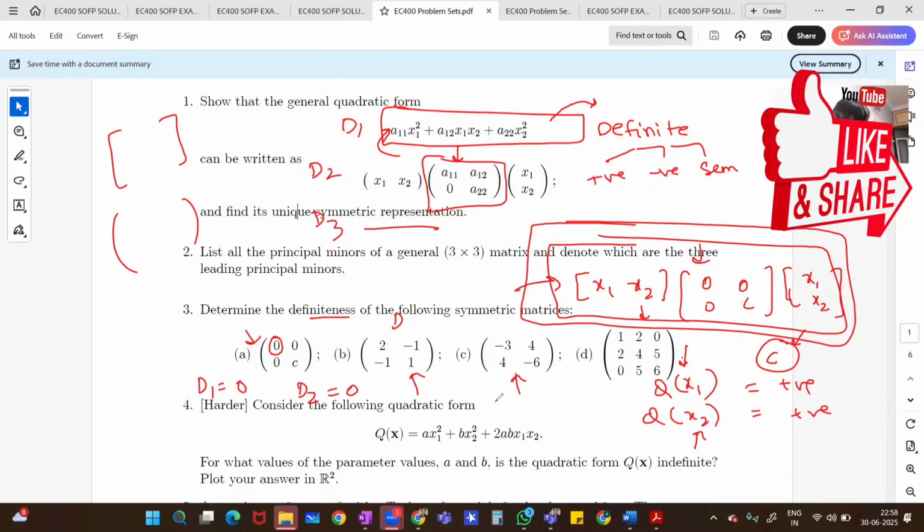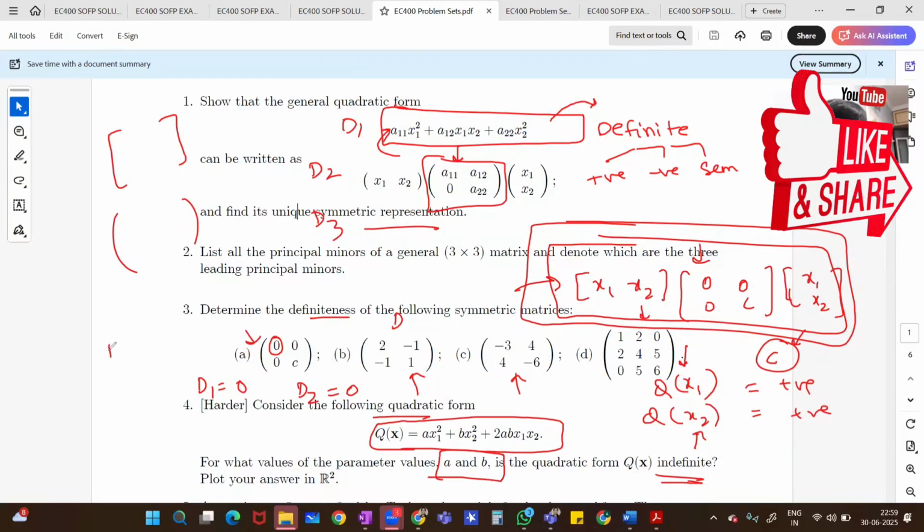Also, see, in the fourth question, they have asked me, consider this quadratic equation again, this one. Can you change it to symmetric form? And then you have to find out the value of A and B for indefinite.